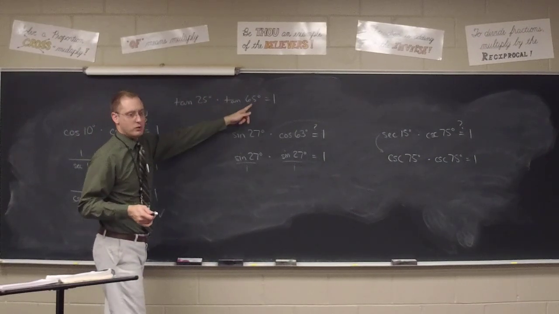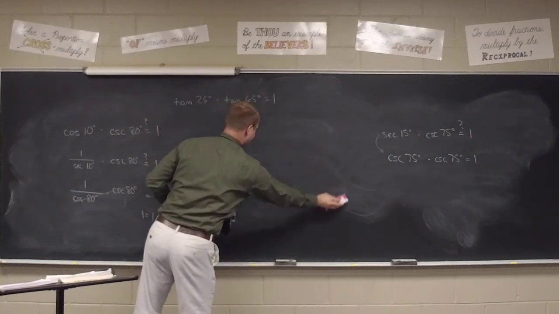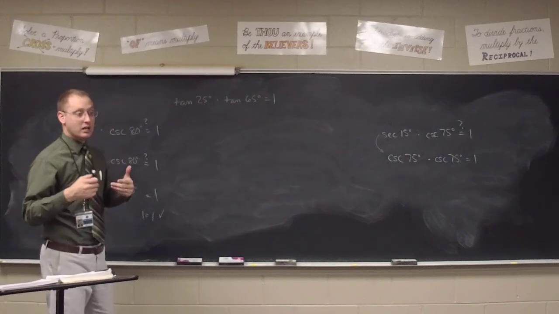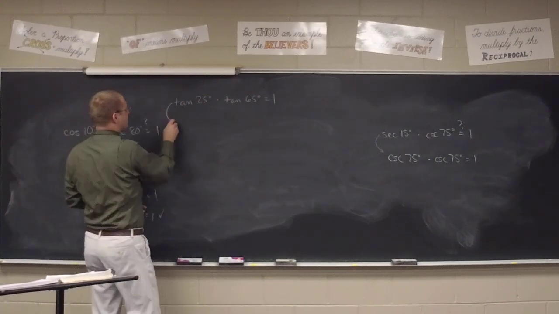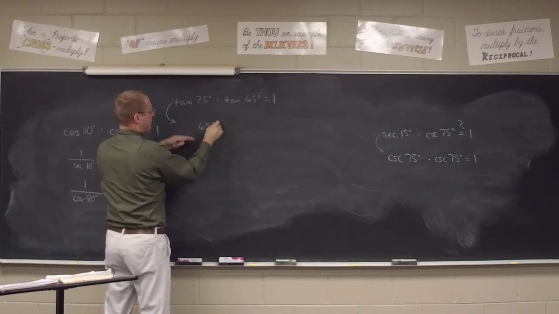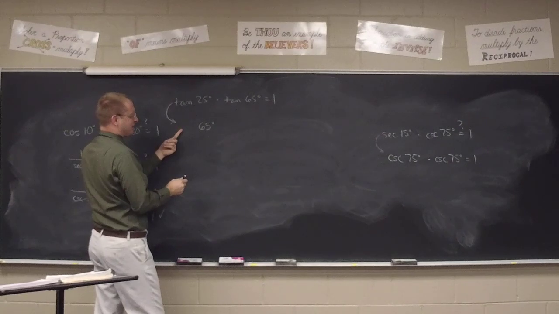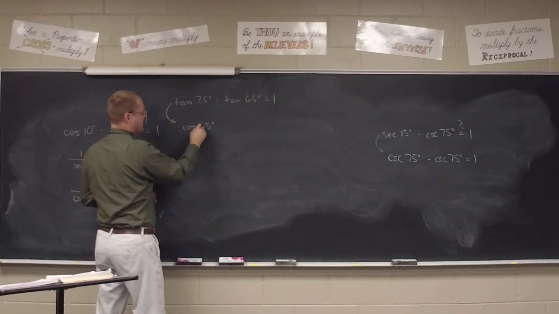What's true of these two angles? They're complementary. So therefore, I can make the angles match if I use a complementary function, or a cofunction. But in doing so, not only must the angle change to the complementary angle, but the function has to change to the cofunction, in this case, cotangent.